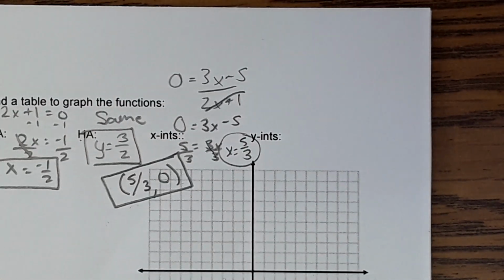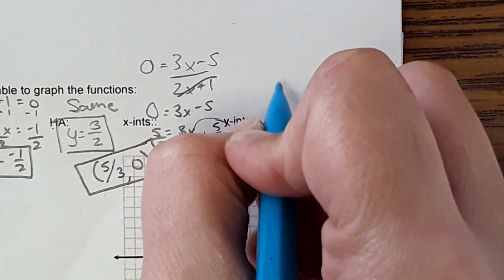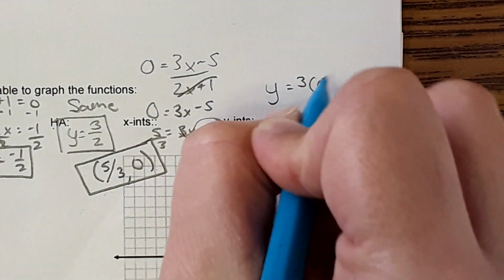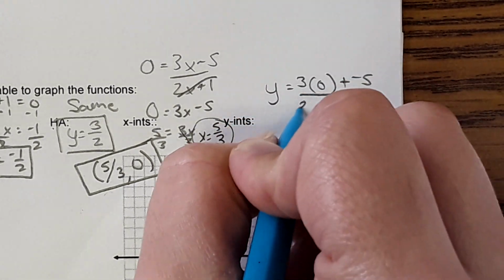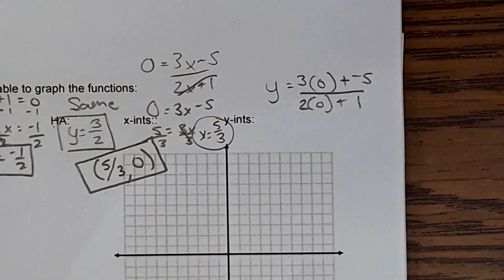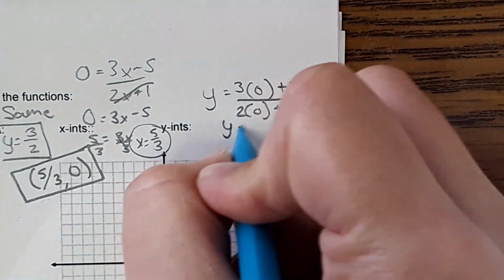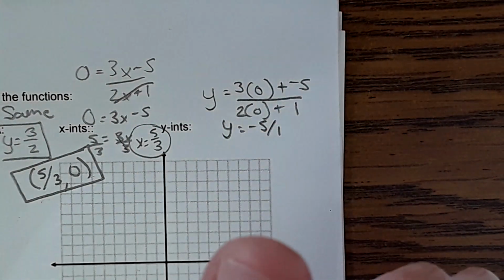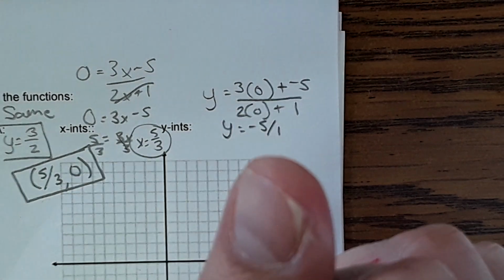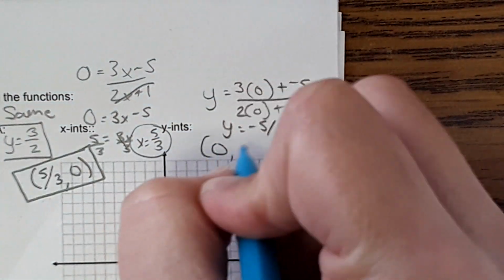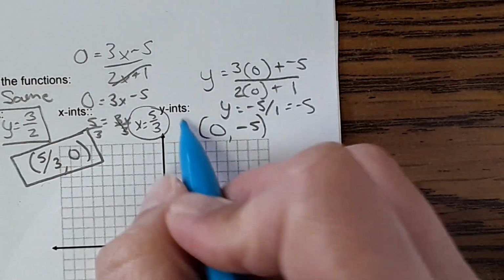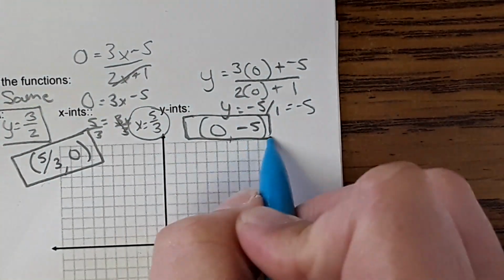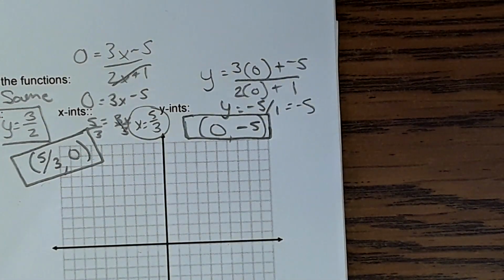Then for y-intercept is when x equals 0. That's pretty easy.